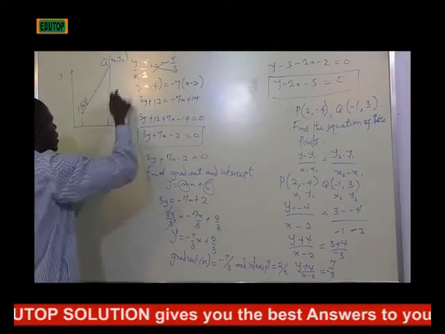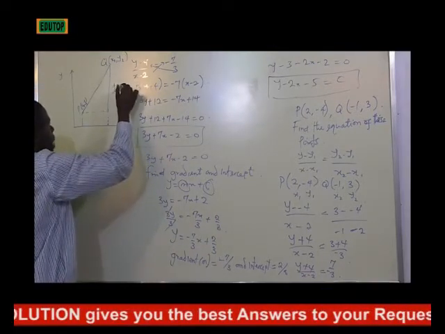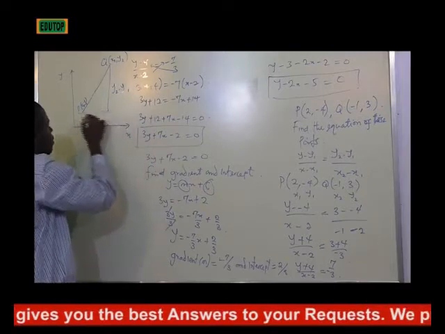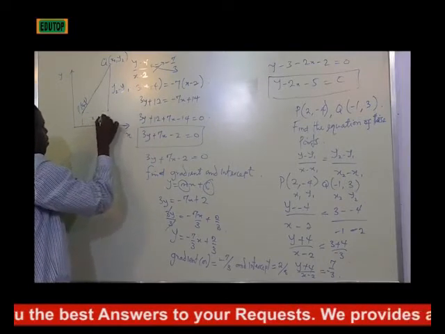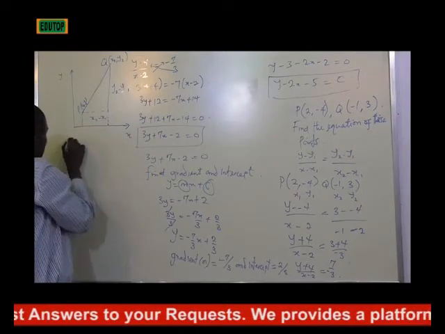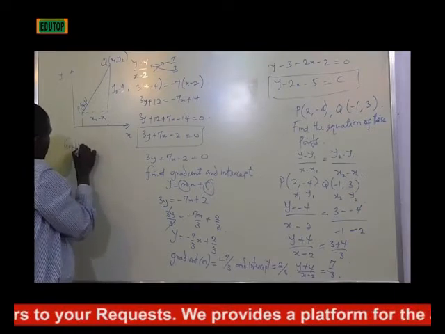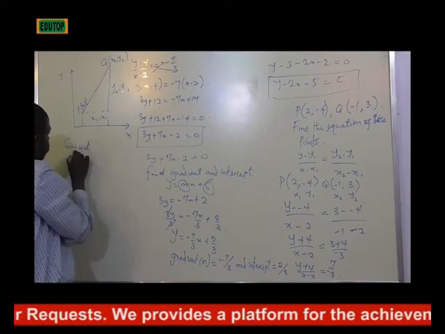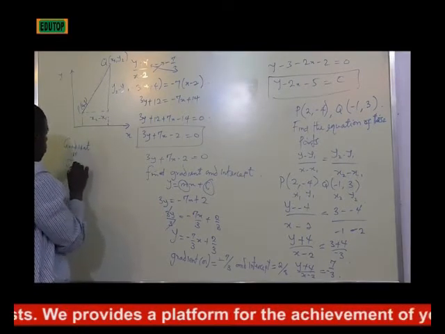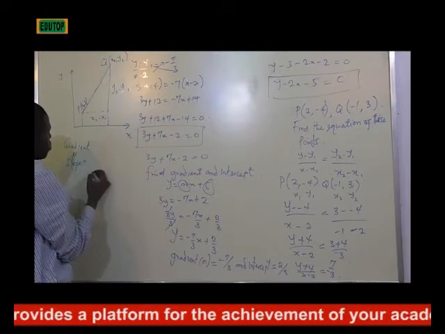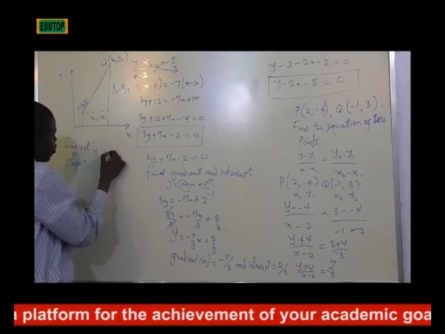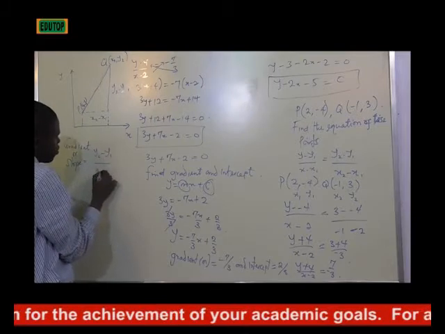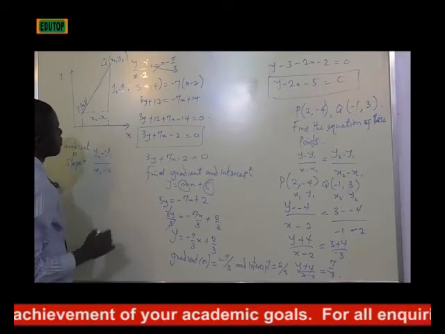The difference here is y2 minus y1. The difference here is x2 minus x1. So the gradient here, which is also known as slope, will definitely be equal to y2 minus y1 over x2 minus x1.